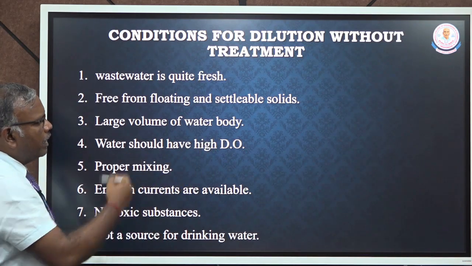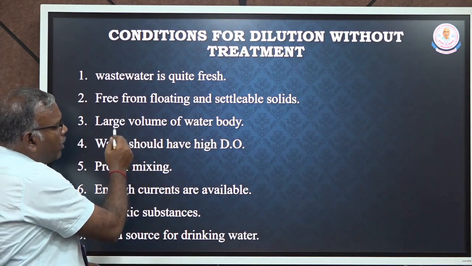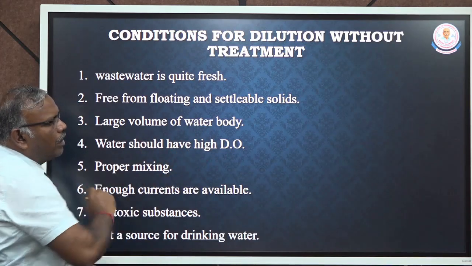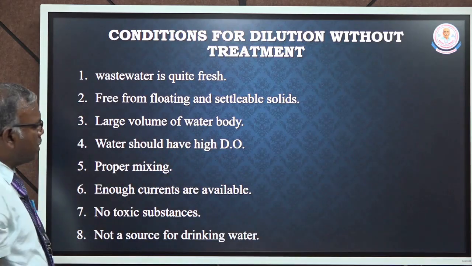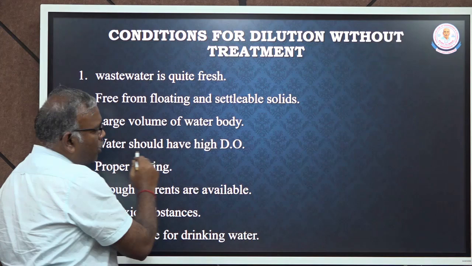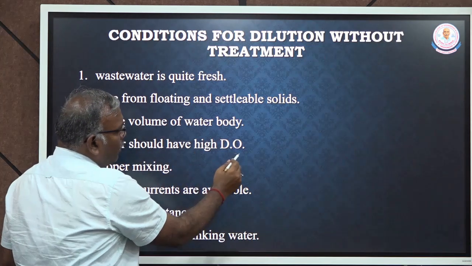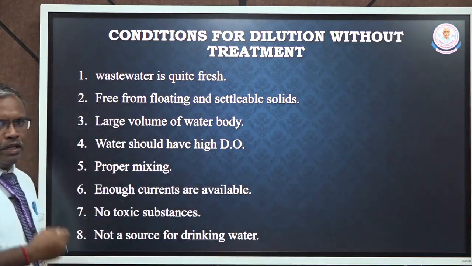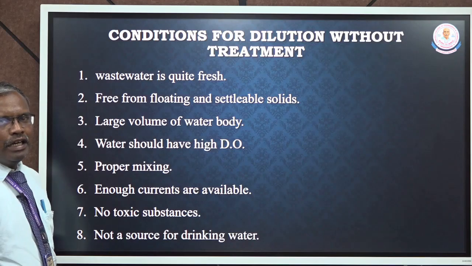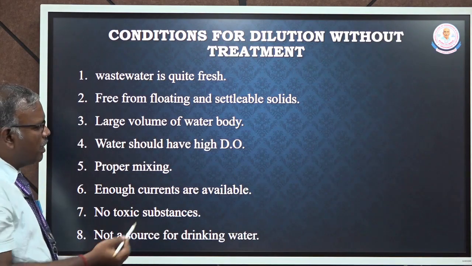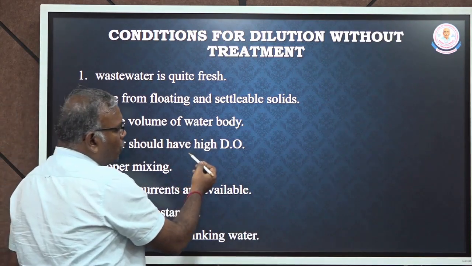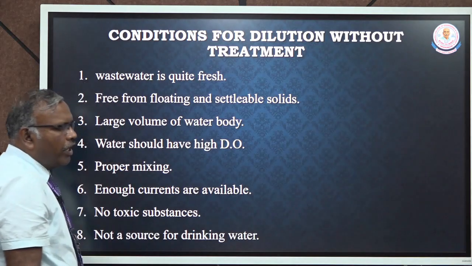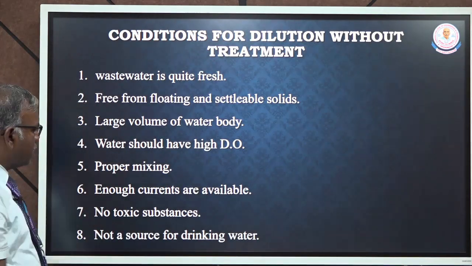The water volume should be higher. To favor the dilution process, we require a large volume of water compared to the quantity of the sewage. The dissolved oxygen level should be higher, as mentioned earlier, to ensure the degradation of biodegradable substances as well as to maintain a safe environment for the aquatic organisms.